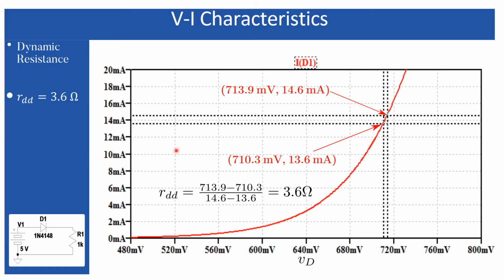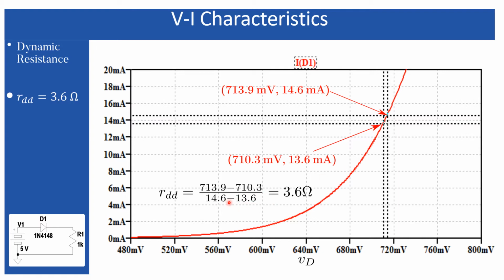Now let's check whether the calculated value of the dynamic resistance follows the simulated value or not. This is the VI characteristics I already explained, obtained by simulating this 1N4148 diode using LT-Spice. Since I calculated the static resistance at 14 milliampere, here I am considering a range of current around this 14 milliampere. Although I have taken the range arbitrarily, it is 14.6 and 13.6.